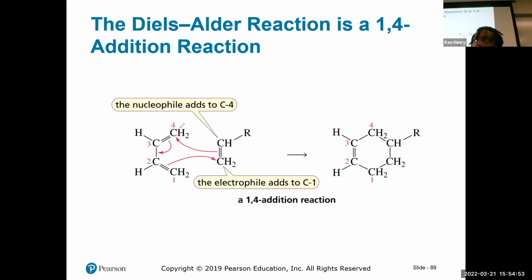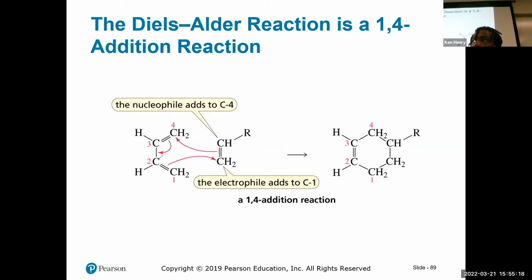Okay, so 1, 2, 3, 4, 4-carbon chain. So in this case, the double bond is going to offer the electrons that are going to be added onto that 4th carbon. Then that 4th carbon is then going to cause the double bond here to shift over to between the 2nd and the 3rd.